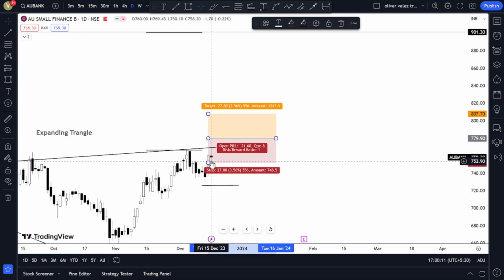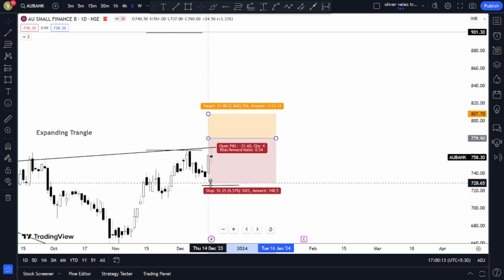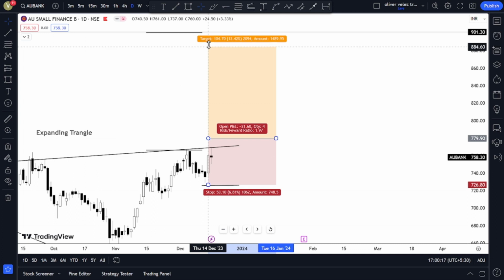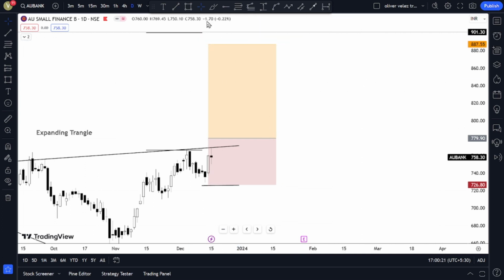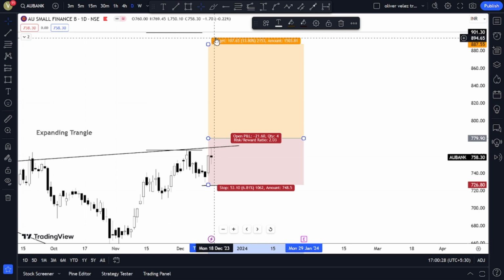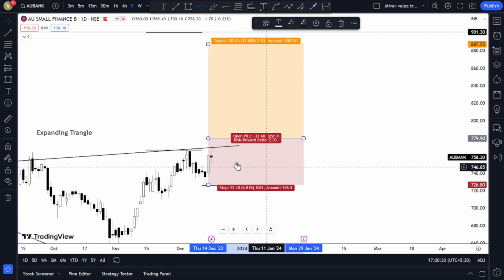Suppose we entered over here, our stop loss is here, and our target is near our forecasted line. Here is our target, here is our stop loss, and here is our buy entry.